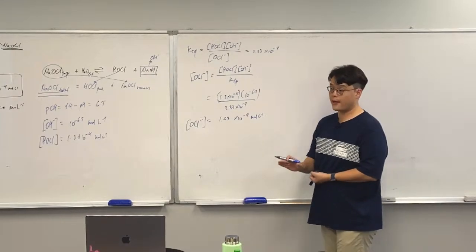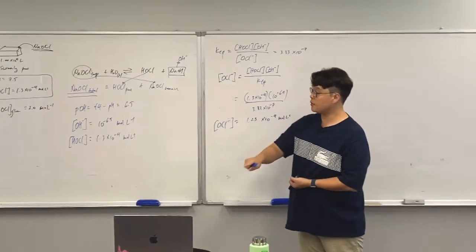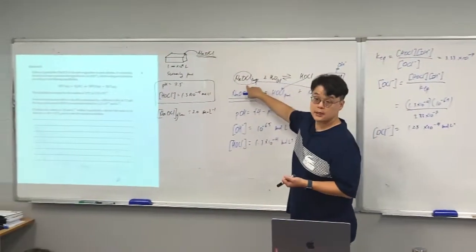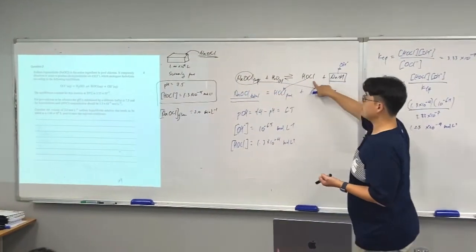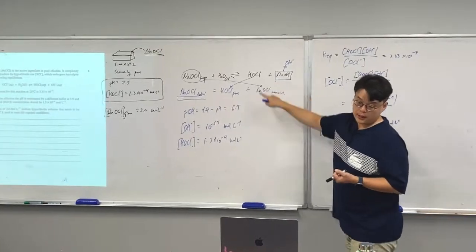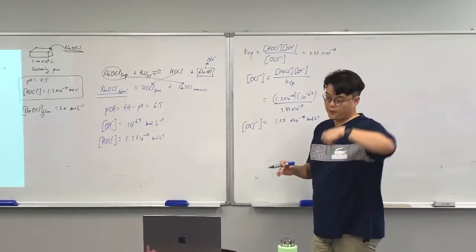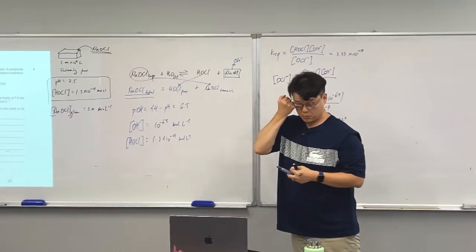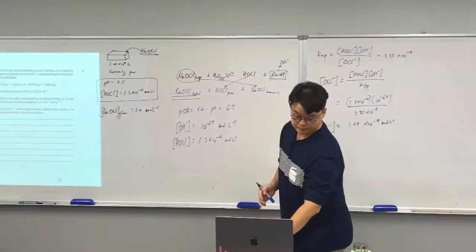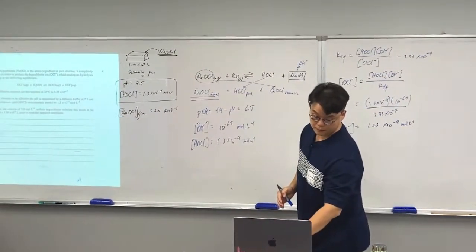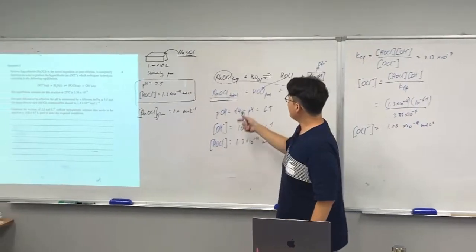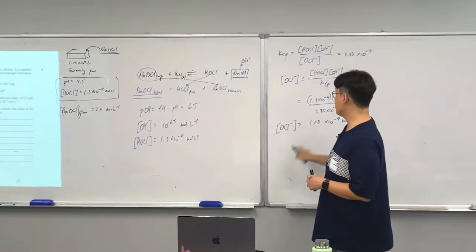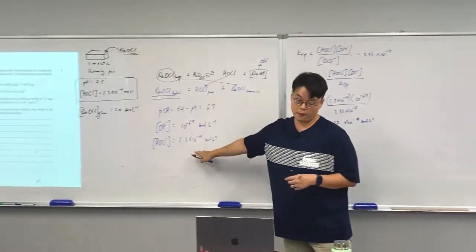I just found that at equilibrium, this will be the concentration of the sodium hypochlorite, and then we got the concentration of that chlorine species, 10 to the power minus 4. Then for the whole thing, the NaOCl must be the sum of this and the 1.3 times 10 to the minus 4.